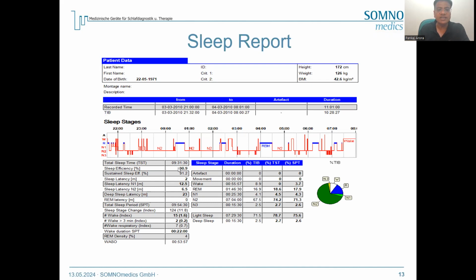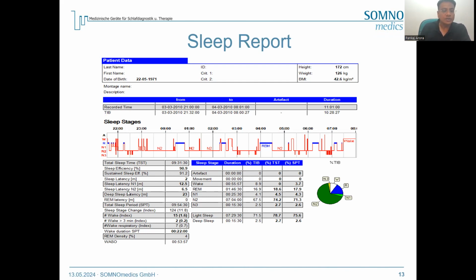So sustained sleep efficiency will be higher because in this particular case, 571 minutes over 628 minus 2 is 626. You need to see that the sustained sleep efficiency is higher because you subtract the sleep latency from the total time in bed.